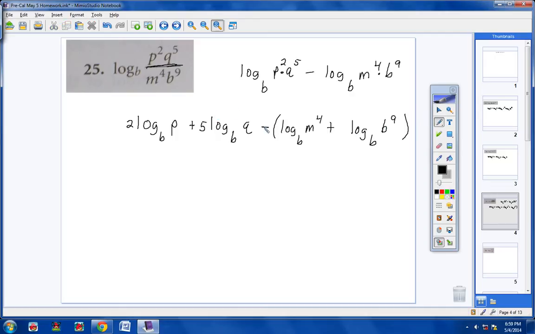And now this negative sign would get multiplied through. I guess if we wanted to, we could move the 4 first. So let's pick up this 9 and we're going to put the 9 right here.